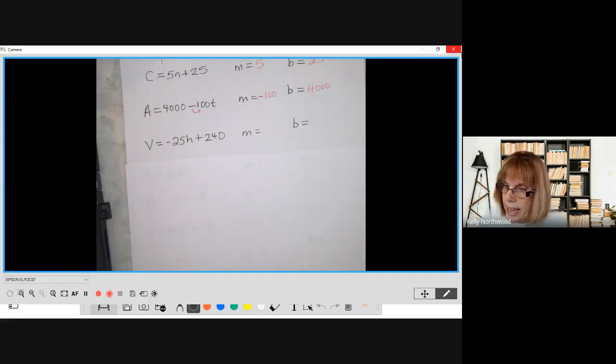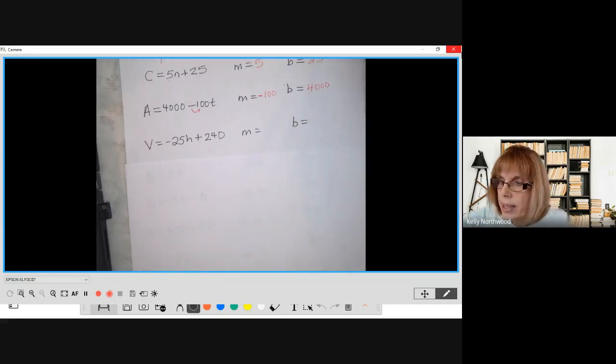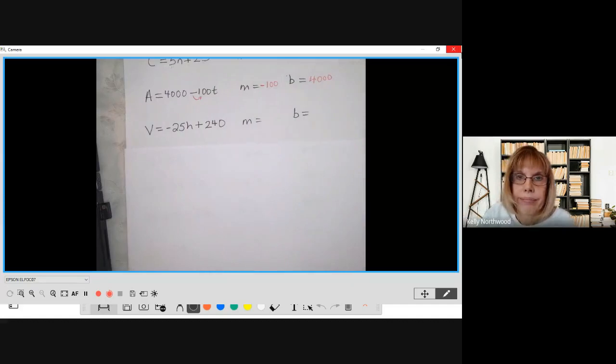V equals negative 25h plus 240. What number is the m? Negative 25.